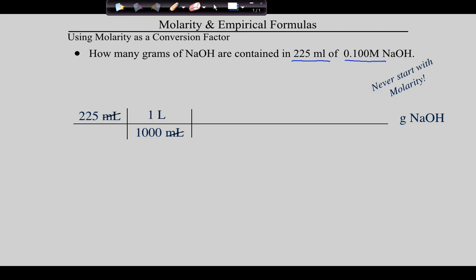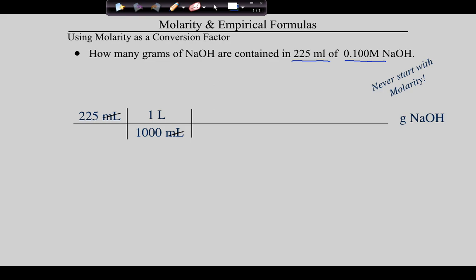So, guys, how do we get from liters to moles? If only we had a relationship between liters and moles. If only we knew a number that told us how many moles are in a liter. If only that existed. It's kind of the molarity, right? Because, guys, the molarity tells us what?